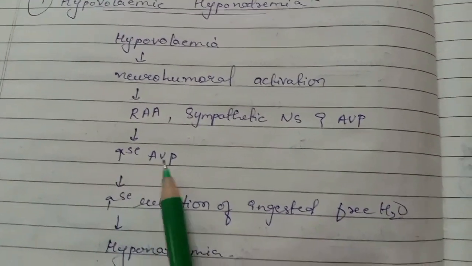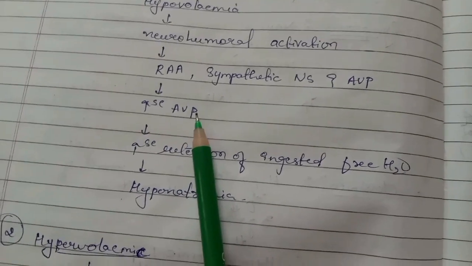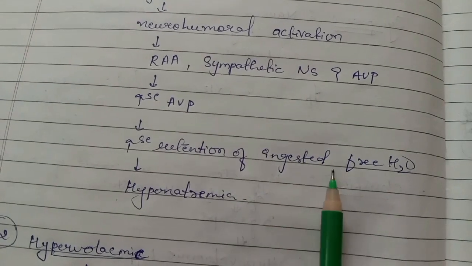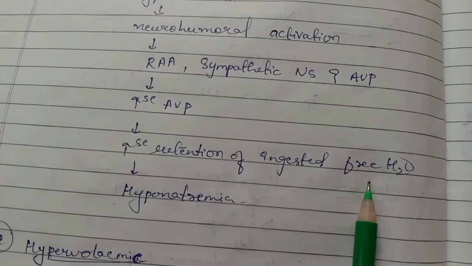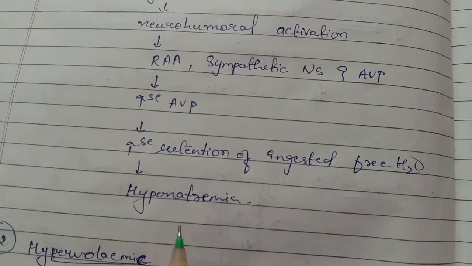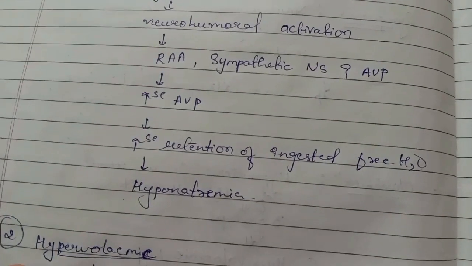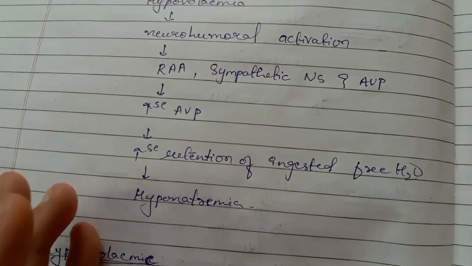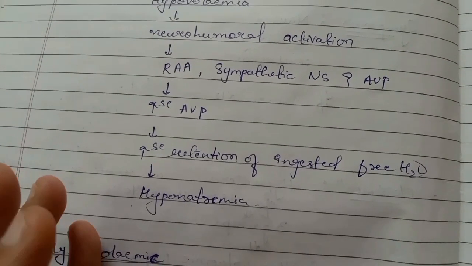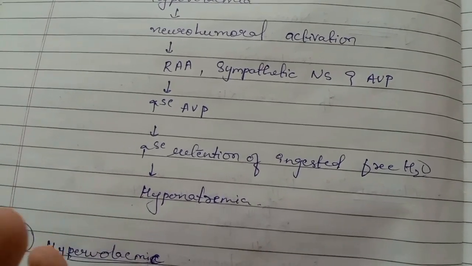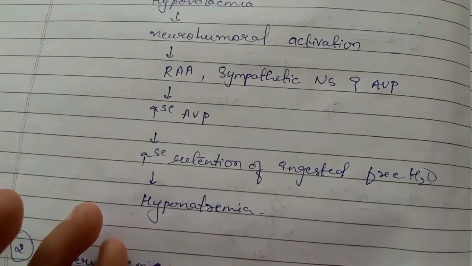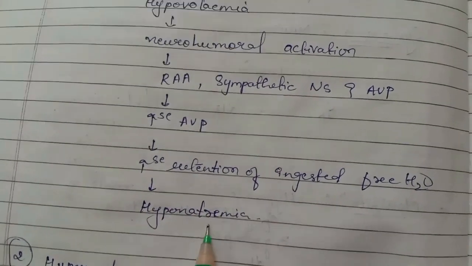This increase in AVP or increased sensitivity to AVP leads to increased retention of ingested free H2O. If H2O is retained, it causes hyponatremia, because the fluid volume is more compared to solute in the vessels, so it is going to dilute. That's why there is hyponatremia.